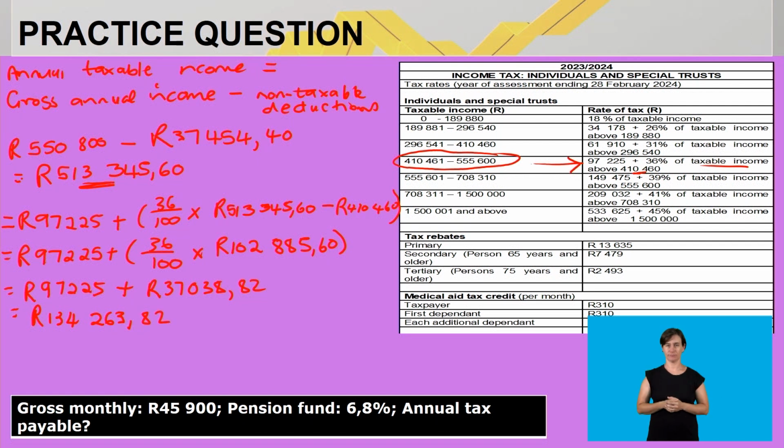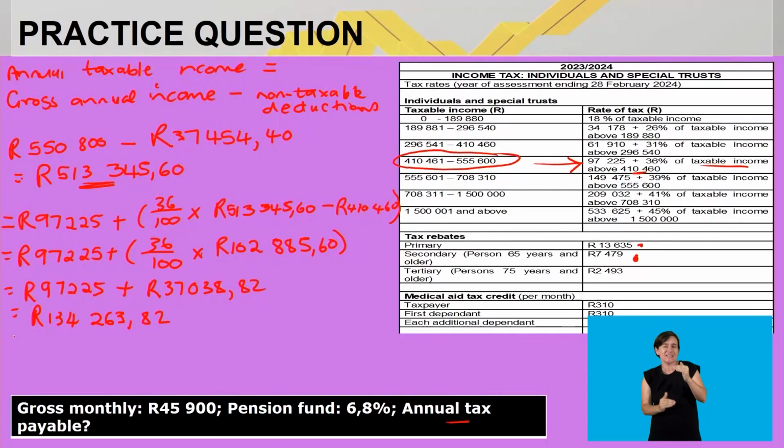Remember we indicated we have to calculate the annual tax. How old did we say this taxpayer is? 66 years old, and therefore she qualifies for how many rebates? That's correct, the primary rebate as well as the secondary rebate. And remember, a rebate is like a discount, so we have to subtract it.